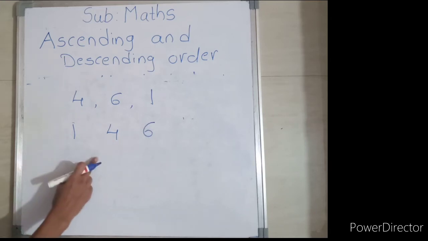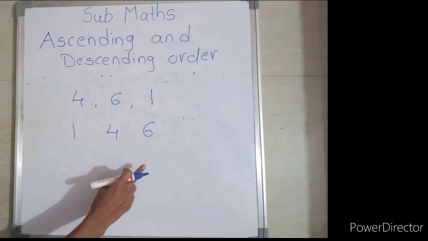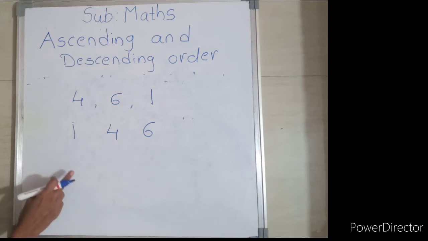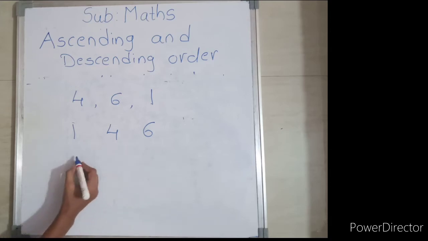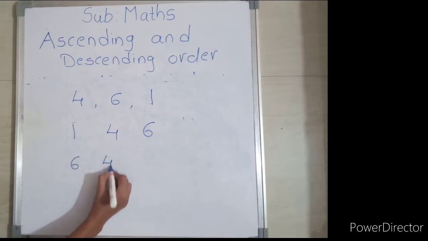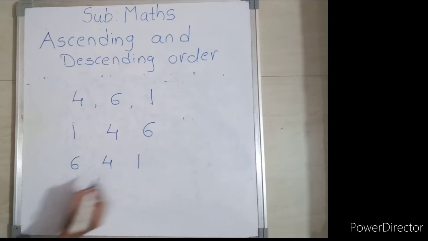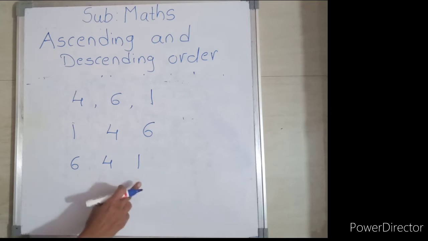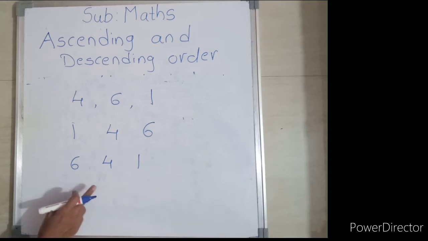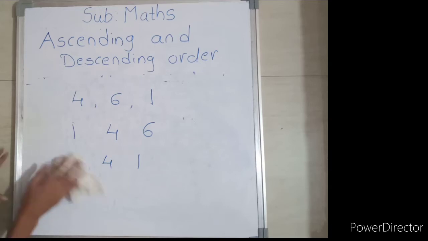So 1, 4, 6 is in ascending order. If I arrange this as 6, 4, 1, it means from bigger to smaller, so it is in descending order. Now we will see another example.